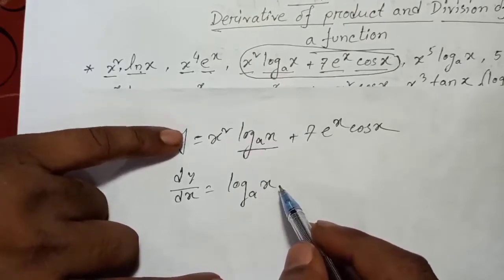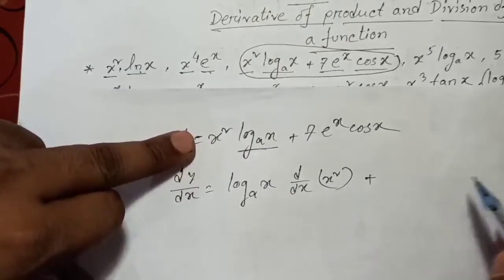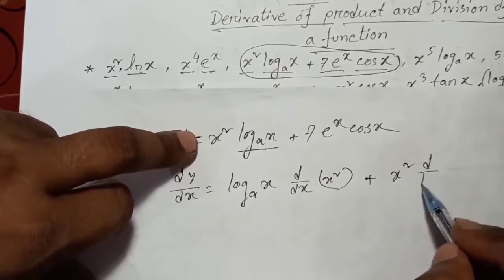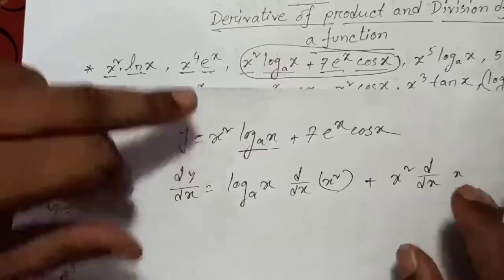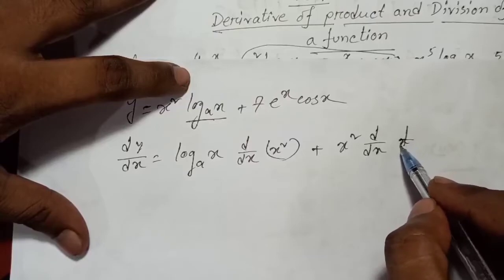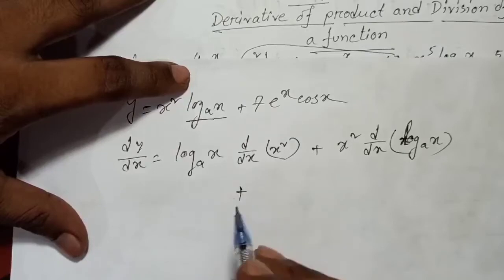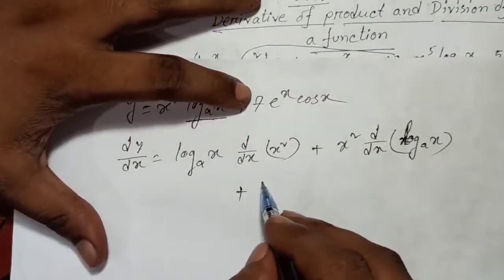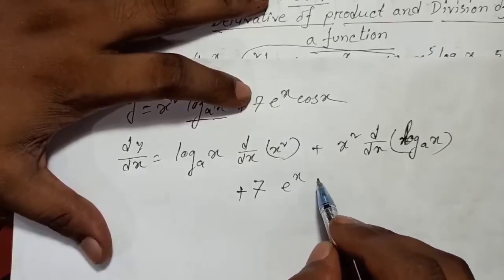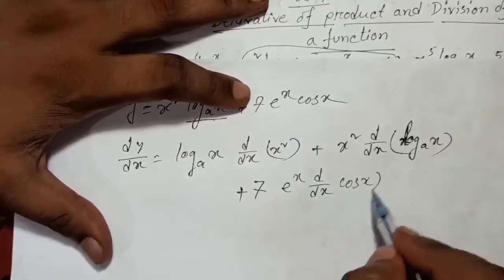Log base a x will be constant, and the d/dx of x square, plus then x square will be constant, and d/dx of log base a x, plus, as 7 is a constant, 7 will be outside, and if e to the power x is a constant, then d/dx of cos x.